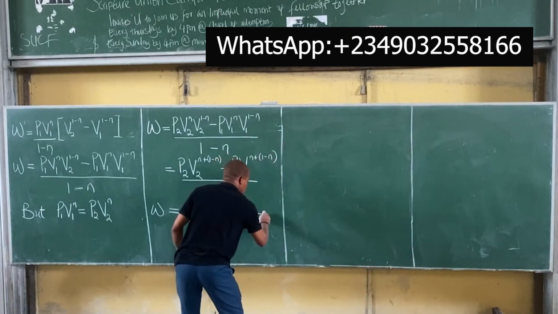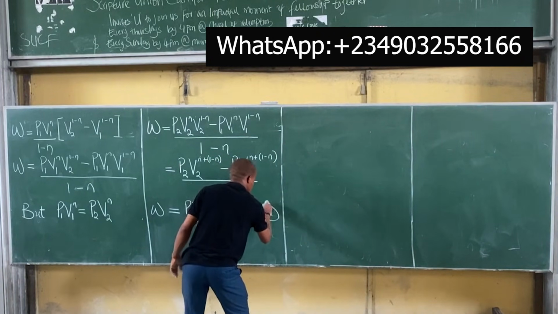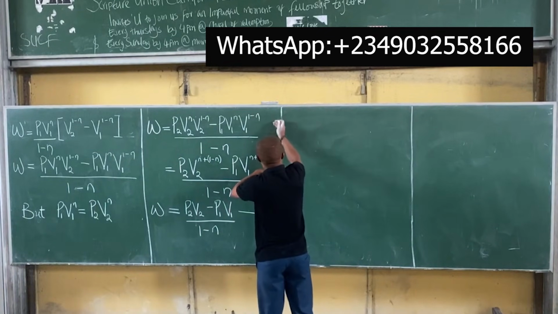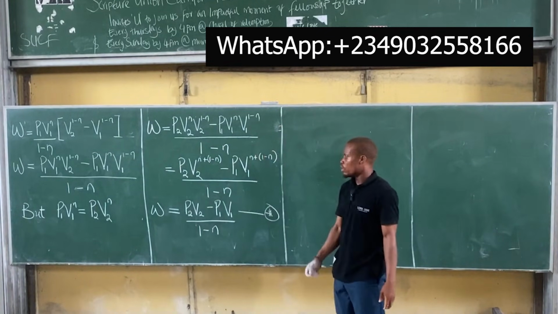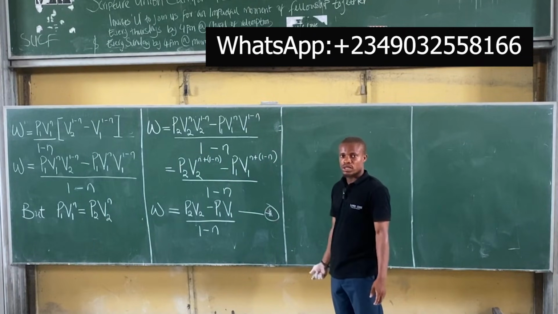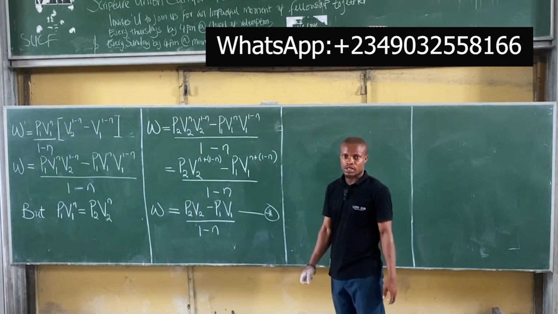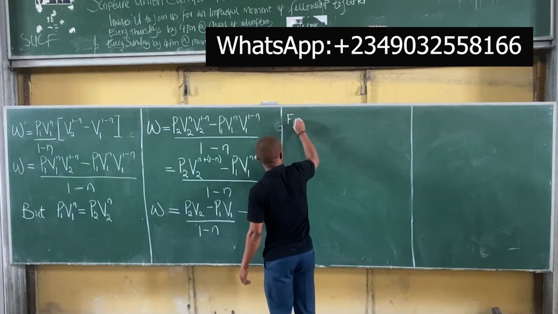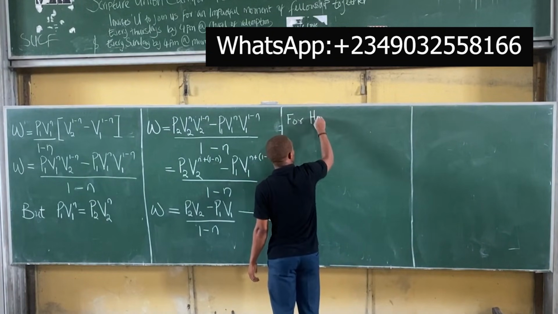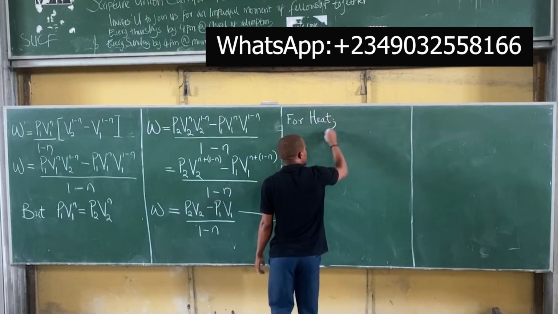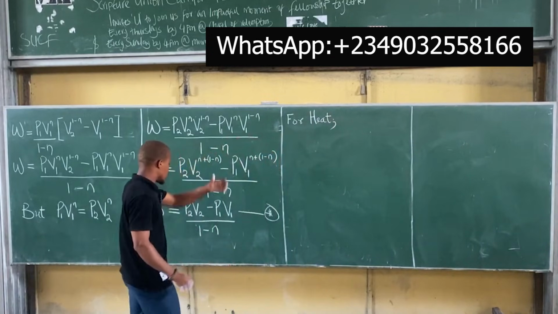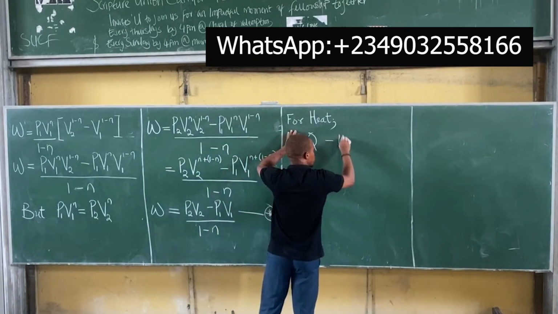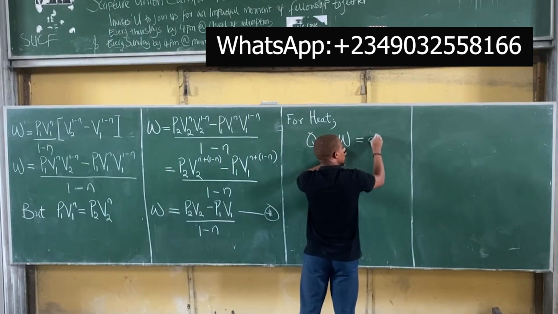Let's give that an asterisk. And mind you, we only dealt with total properties. All these were total properties. Now for heat transfer, we recall that Q minus W equals dU.